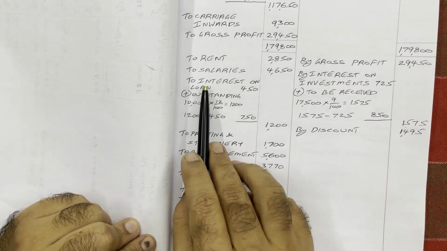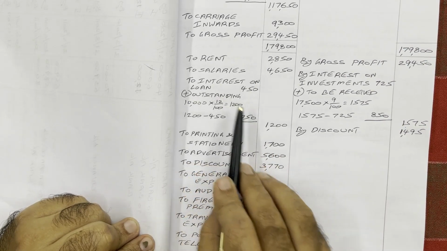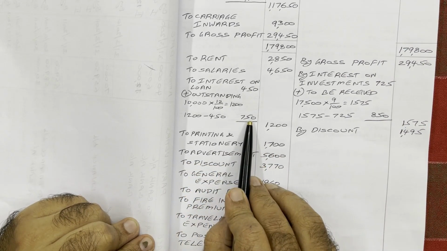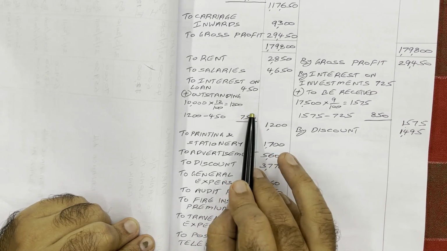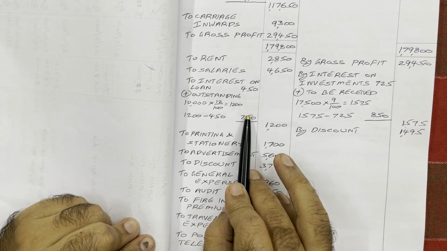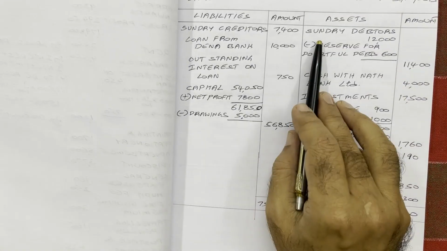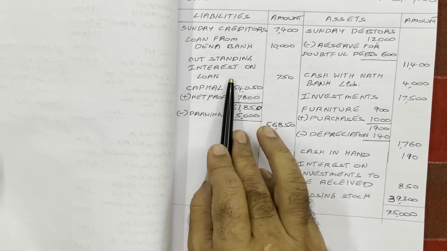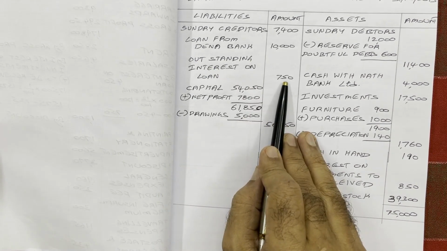See this, interest on loan paid is 450, outstanding is 750. So this 750 outstanding interest is given in the adjustment only. The adjustment amount we should show 2 times. Therefore, the second time in the balance sheet under the liability side you have to write this: outstanding interest on loan 750 rupees.